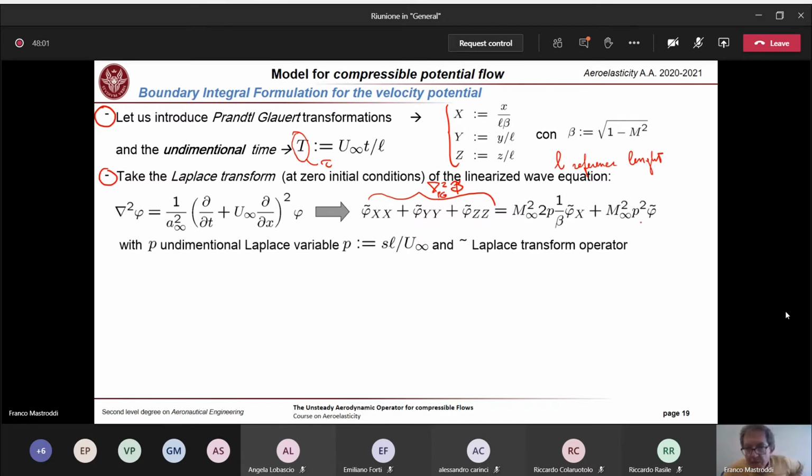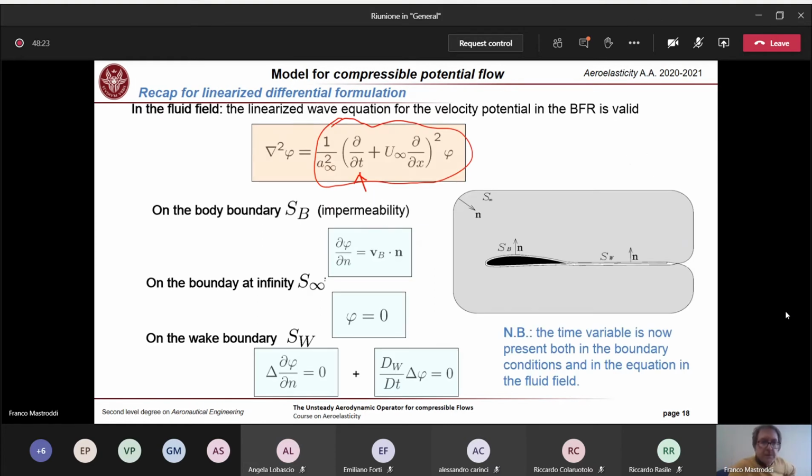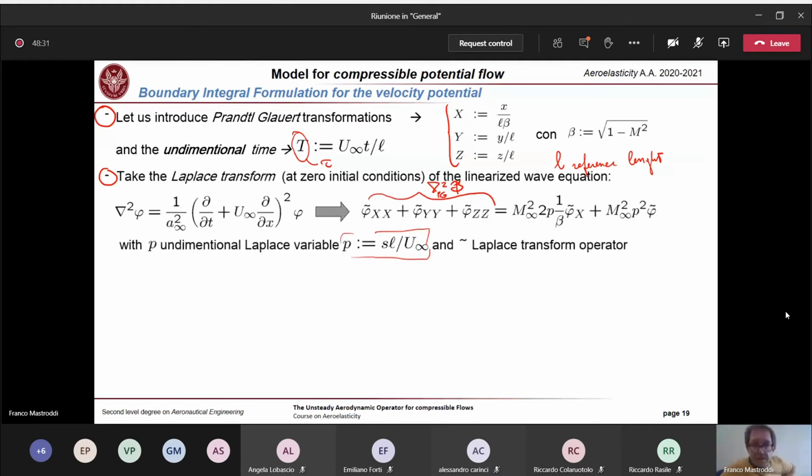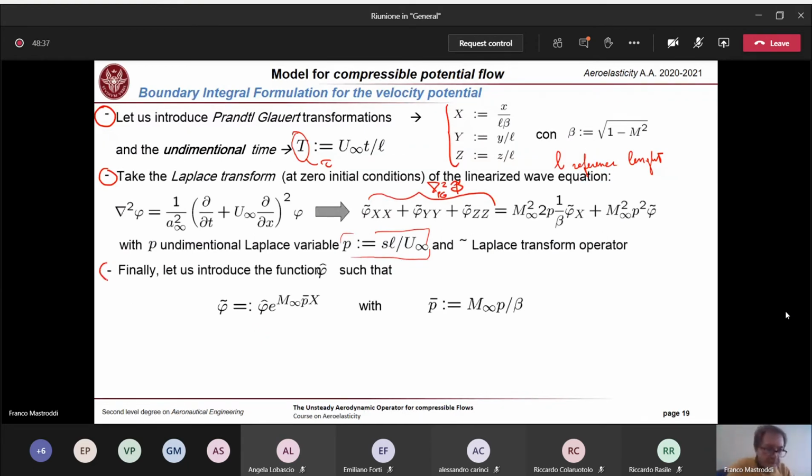And here you have an expression including P beta, where P is the nondimensional Laplace variable that you know very well. Okay, so first step, transform our linear wave equation in the body frame of reference with these two double steps in this form.